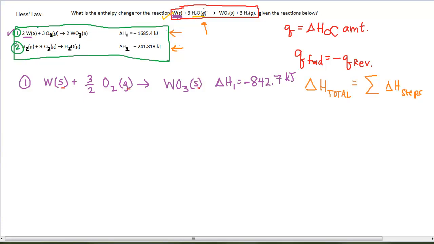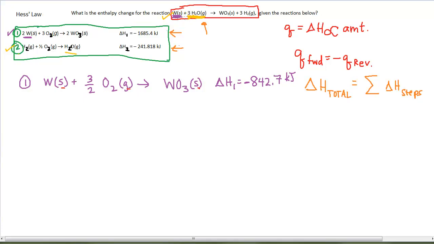I'm looking for something to match that shows up in a reaction I have not manipulated yet. And in this case, water does show up in this second reaction, and I haven't manipulated it yet, so let's manipulate it. What do I need to do to reaction number 2 to make the water match what I'm trying to find? This top reaction is what I'm trying to find.